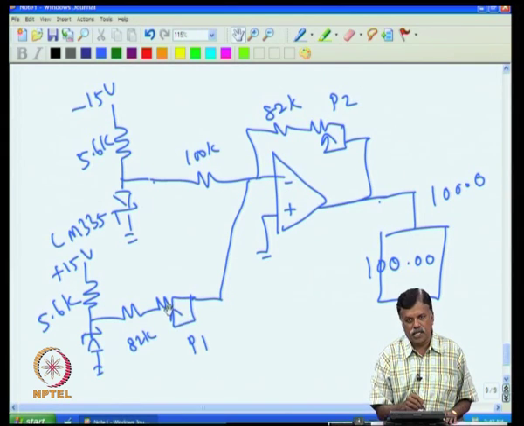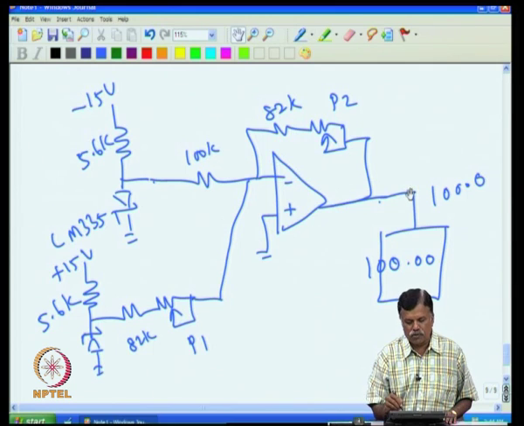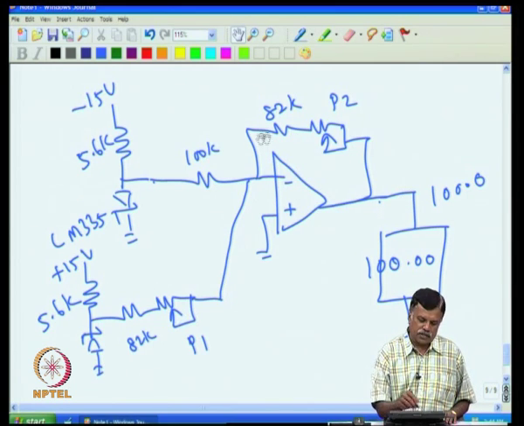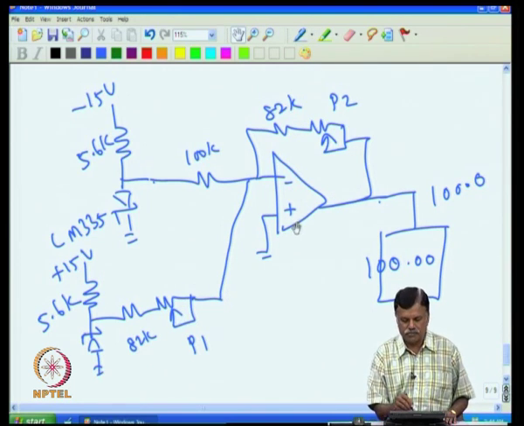All these things will make it not accurate, because this may give accurately 3.73 volt at 100 degree C, but this chap may not give 100 degree C equal to 1 volt all the time. At room temperature it may give 1 volt, at high temperature this may not give 1 volt, it may go higher or lower depending upon the components, how these components are drifting and how the operational amplifier parameters are drifting.